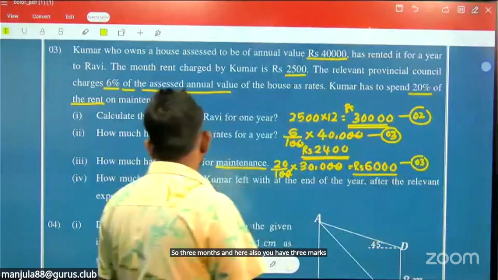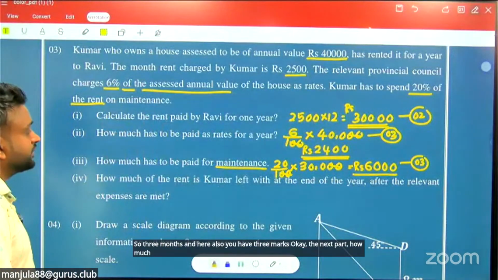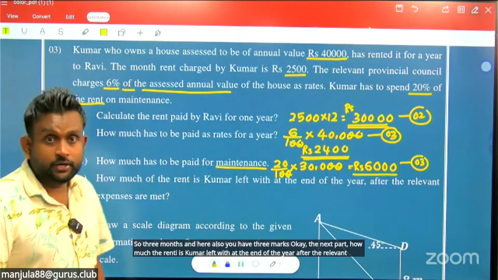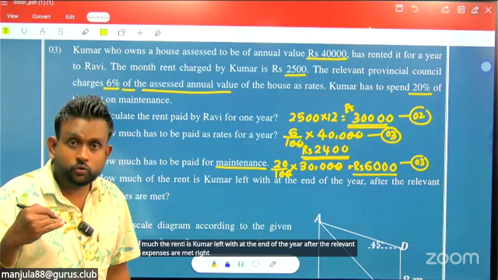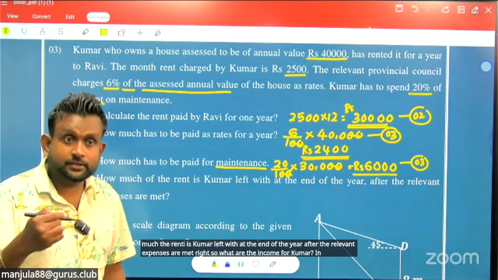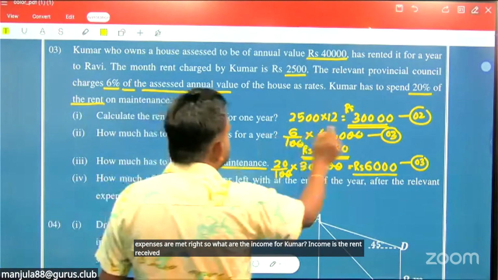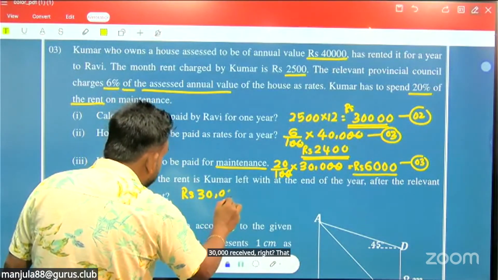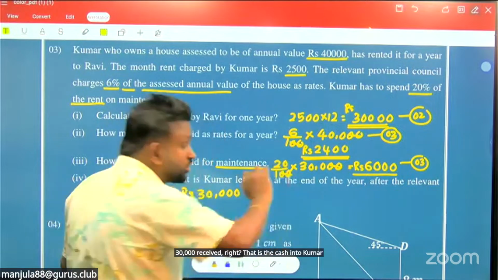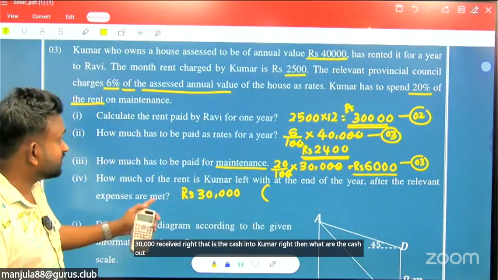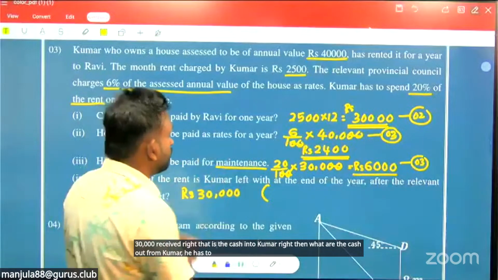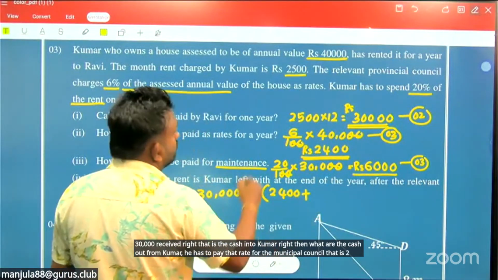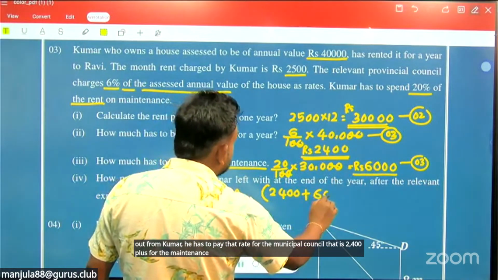The next part: how much of the rent is Kumar left with at the end of the year after the relevant expenses are met? So what is the income for Kumar? Income is the rent received, that is the annual rent of 30,000 received. That is the cash in to Kumar. Then what is the cash out from Kumar? He has to pay the rate for the municipal council, that is 2,400, plus for maintenance annually he spent 6,000.